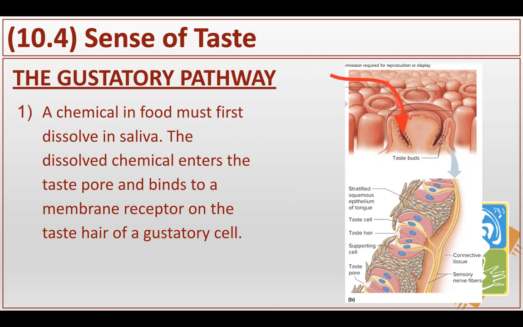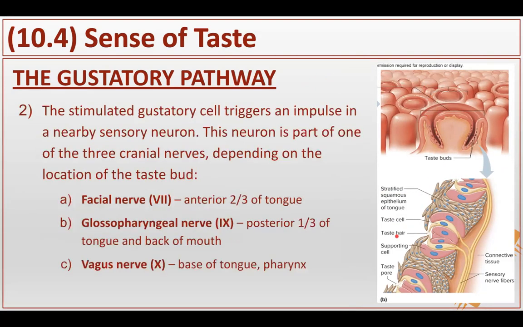All right, so the chemical comes into the papillae, and then within the papillae will flow down into the taste pore to the taste hairs, where they will bind with the receptor proteins on these cells. At that point, the gustatory cell is going to be stimulated, and each of them are going to have a neuron attached, or synapse to it.